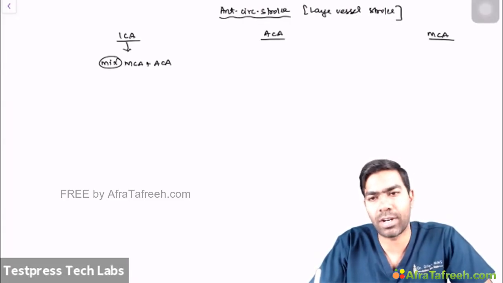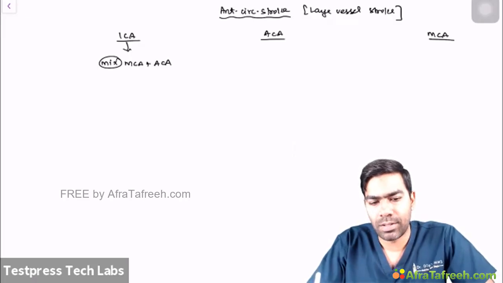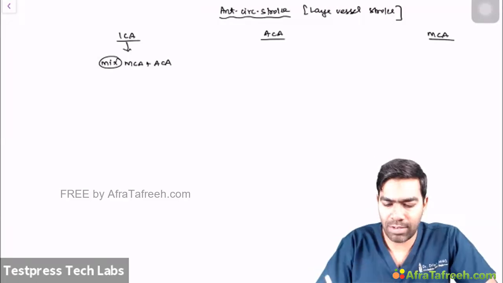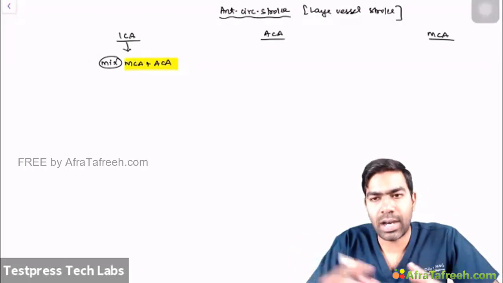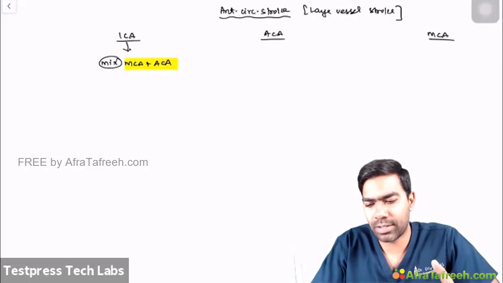You have a mixture of MCA plus ACA territory stroke because it's basically the mother of two arteries, that is ACA and MCA. So that's fine. I'll tell you ACA and MCA later on. But one finding that will surely tell you that this patient is having an ICA territory stroke. One finding.